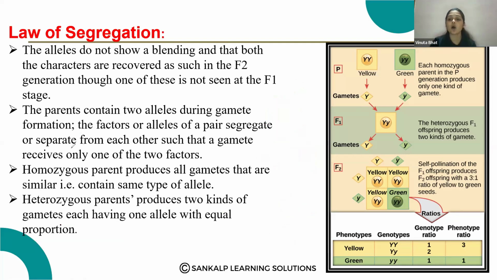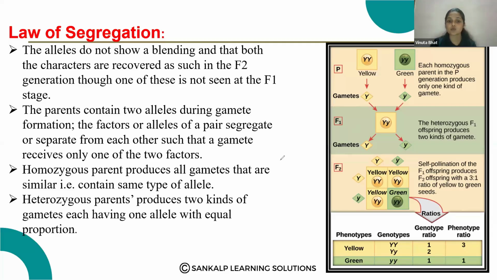So this is the law of segregation: there is no blending of the characters in the F1 and F2 generations. A separation of the alleles takes place in the heterozygous parent, and the gametes receive both types of alleles in equal proportion during gamete formation.